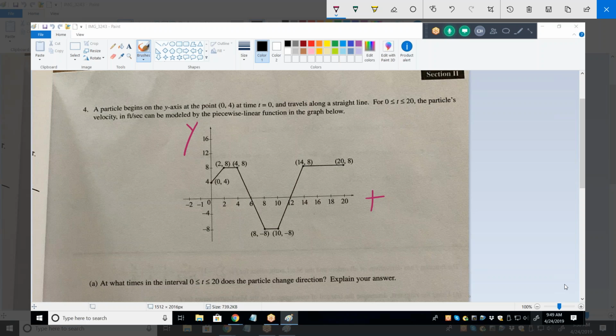That's the only way I can figure out how to do it, because it doesn't change direction there. It starts at 4 feet per second, and then it's going 8 feet per second. It stays going 8 feet per second for a while, and then it comes all the way down to 0 feet per second. That's the point where it changes direction, because then its velocity is negative.